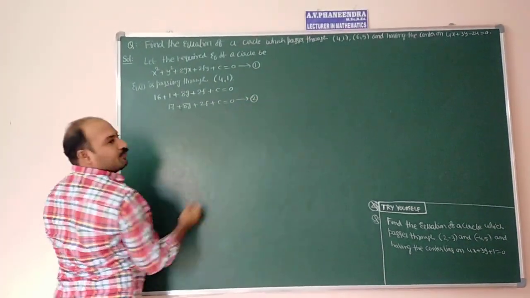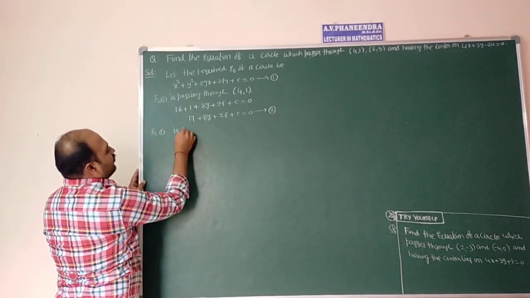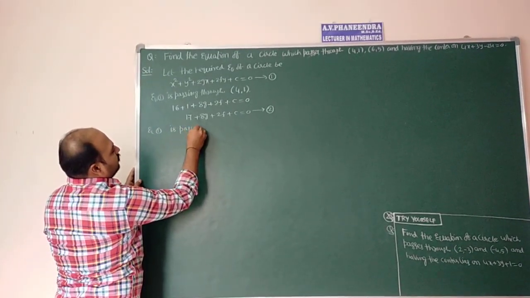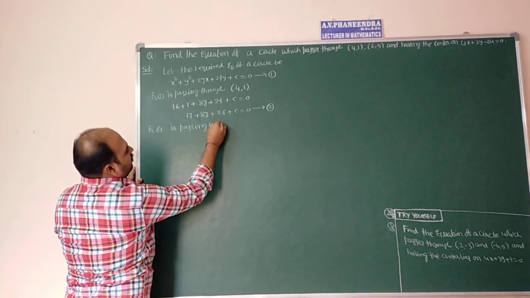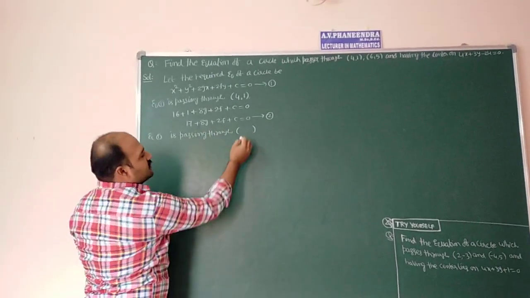Equation number 2. Similarly, equation 1 is passing through (6, 5).